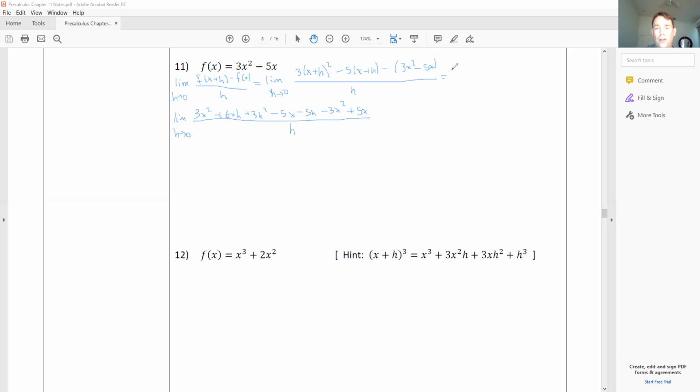And just in case you're struggling a little bit to see where that 3x squared came from, I'll multiply it out this one time. So x squared plus 2xh plus h squared, minus 5 times x plus h, minus 3x squared minus 5x.